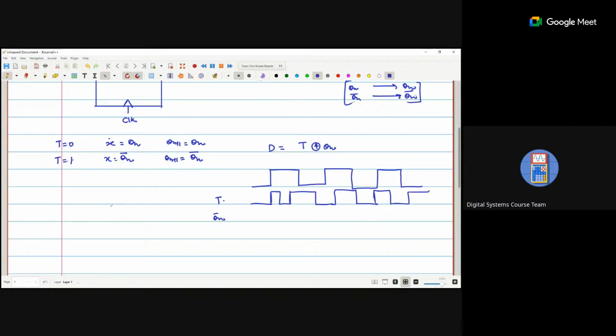My Qn is clock dependent. Why clock dependent? Because Qn comes as the previous output, and the previous output also comes when the clock is positive. So Qn or Qn bar, I just say Qn, will vary with the clock pulse.